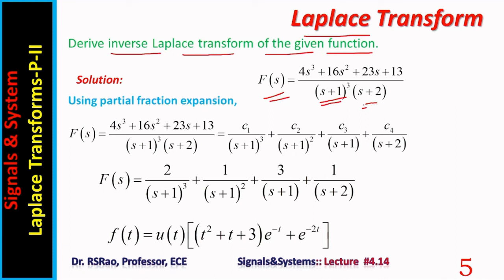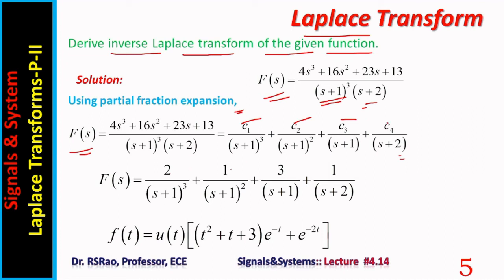Procedure is the same, using the partial fraction expansion method. F of s can be written as c1 by (s plus 1) cube plus c2 by (s plus 1) square plus c3 by (s plus 1) plus c4 by s. C1, C2, C3, C4 can be found.